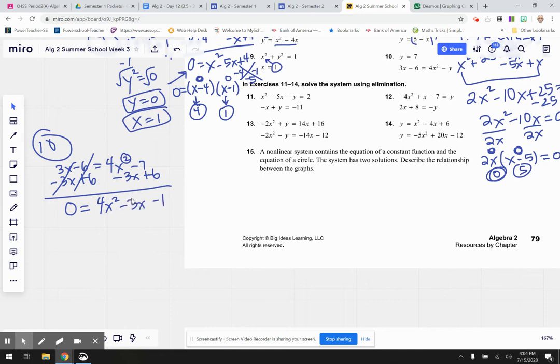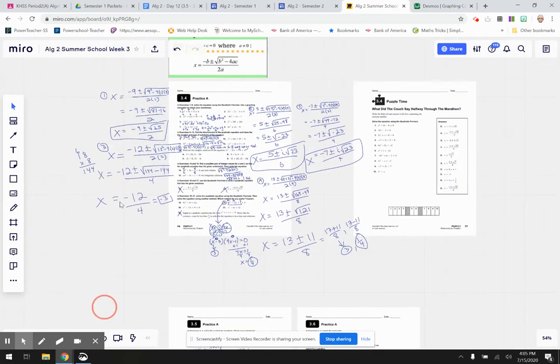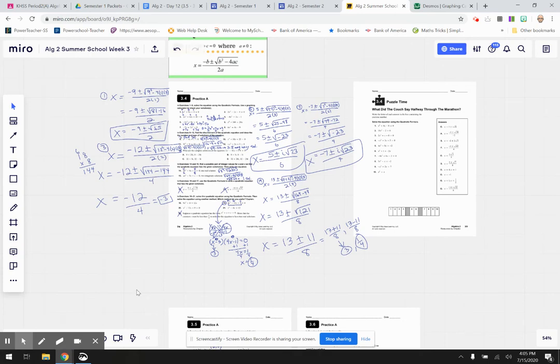Now, since I'm used to this stuff, I would always use factoring to try to see if it works. If factoring doesn't work, then I go to the quadratic formula. Because the quadratic formula we learned yesterday, this is your A, that's your B, and that's your C. And if you remember from yesterday, we had this formula right here that we could just plug it in and solve it.